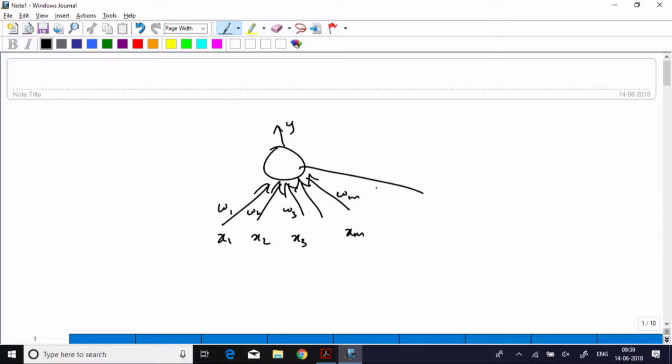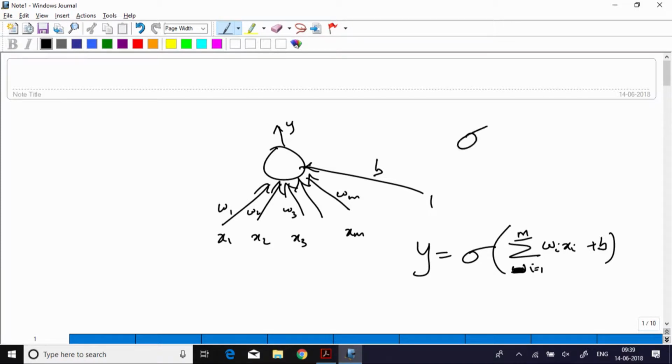And then you have one bias. If I want to write the output as a function of the input, then y is equal to sigmoid of the summation of wi xi plus b, where i equals 1 to m.